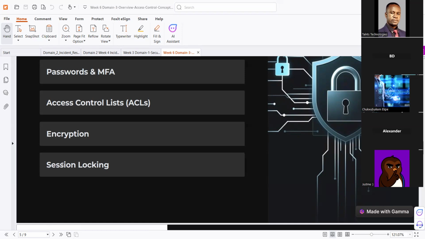That is symmetric encryption. Are we together? Asymmetric is when you use a public key to encrypt and a private key to decrypt. So you are using two different keys. That is asymmetric encryption. Are we together?